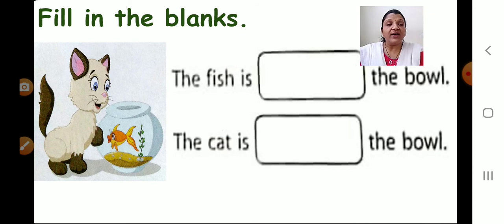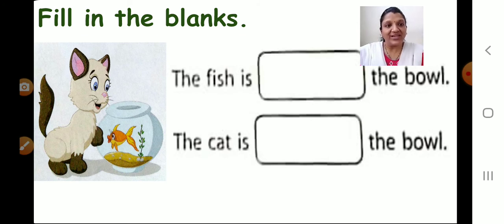Now we have learned all the concepts: inside, outside, near, far, and top and bottom. Now we have to see the correct position in the picture and write the correct answer. Now where is the fish?